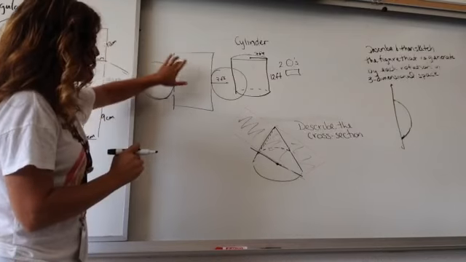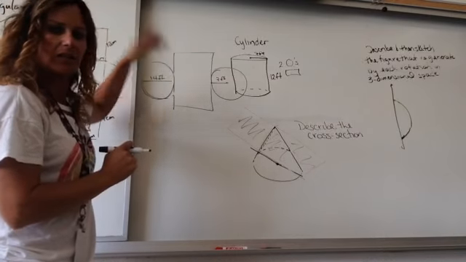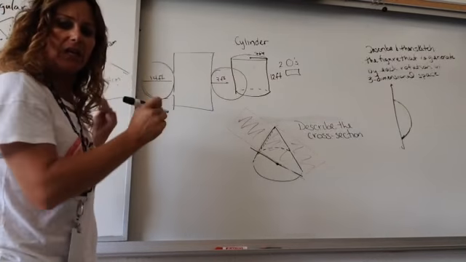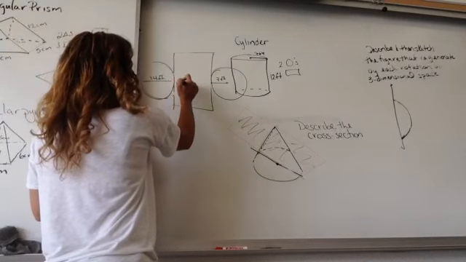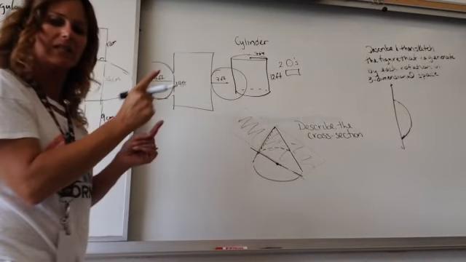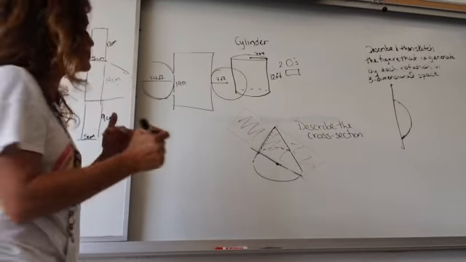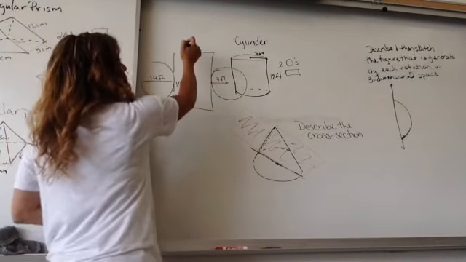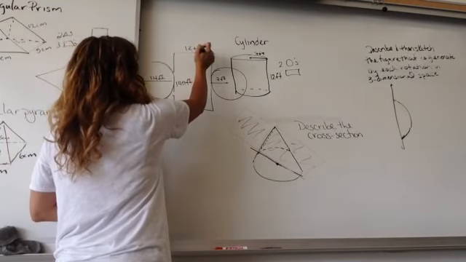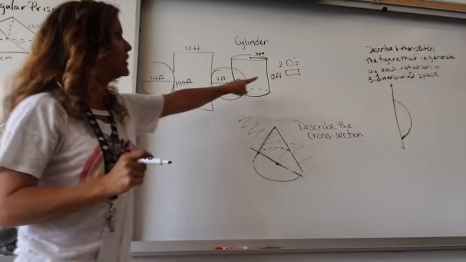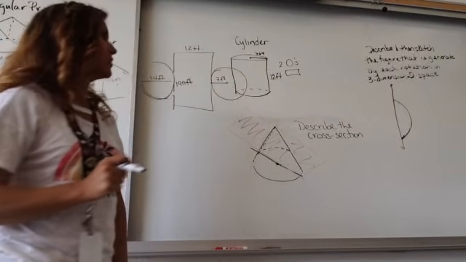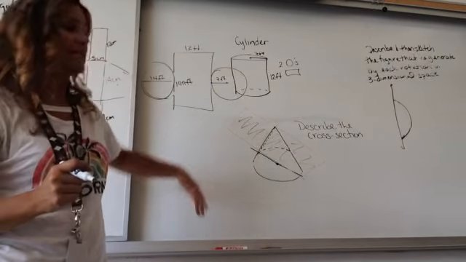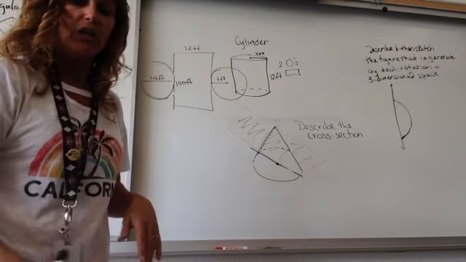Since this side has to go all the way around, it's going to be 14 pi. Because remember, to go around the distance, it's the diameter times pi. And then this piece here would be your height, which is the 12 feet, because that's the distance between the 2 bases.